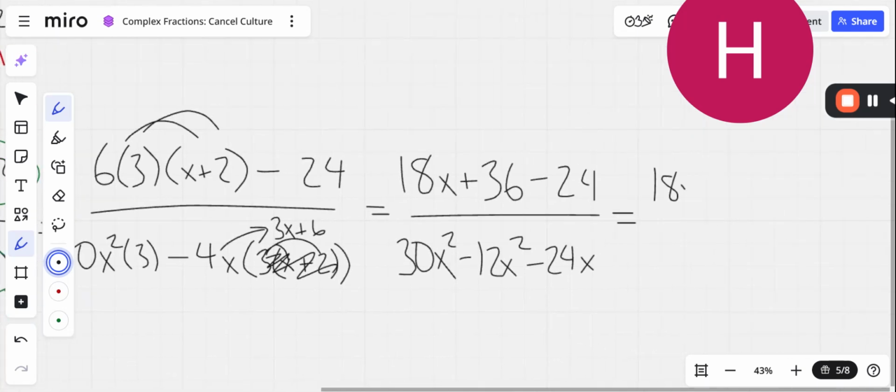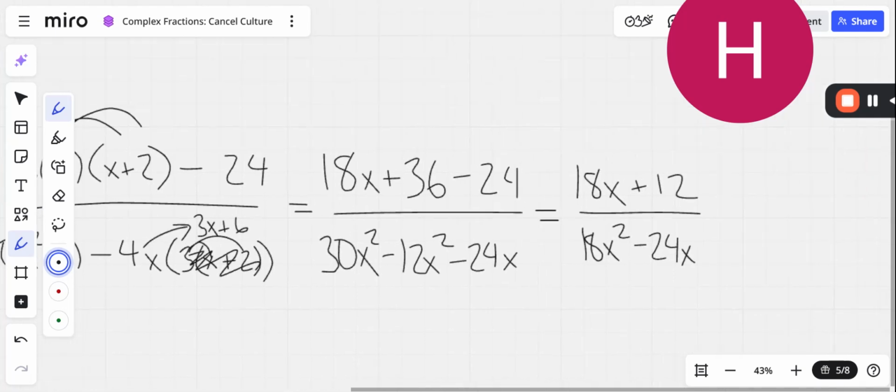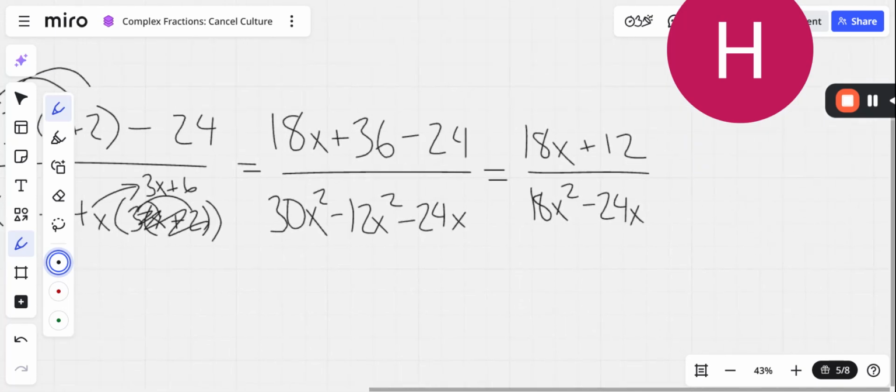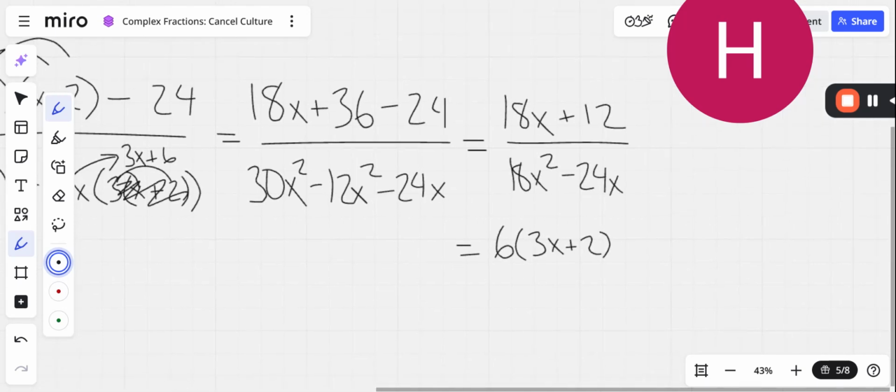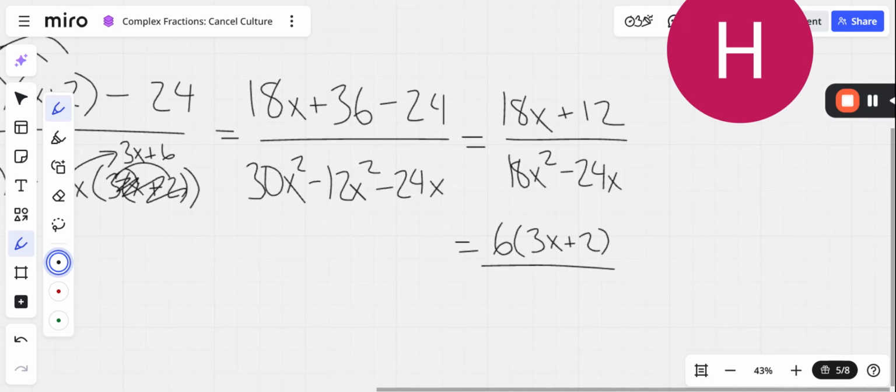So when we simplify, we have some pretty nice expressions left over. Here's 18x plus 12 on top, and 18x squared minus 24x on the bottom. And this absolutely simplifies even further. I can take out a 6 from the top, leaving me with 3x plus 2. On the bottom, I can do a couple of things here.